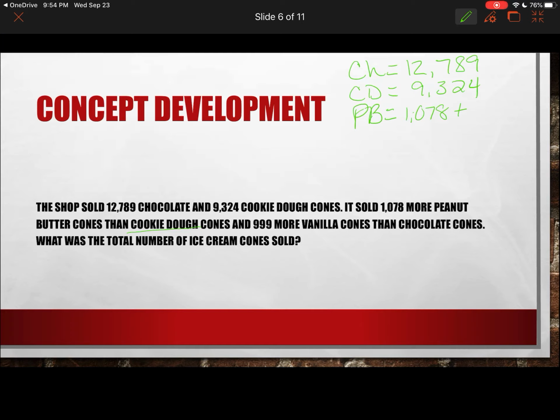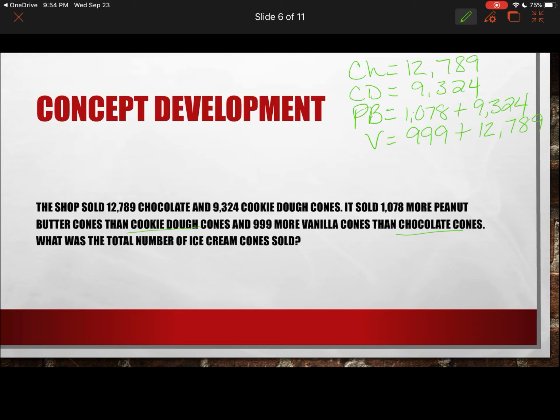So we're going to take our base number for cookie dough and add it to 1,078. So that's going to be 1,078 plus 9,324. And then we have vanilla, V, and it says 999 more vanilla cones plus, let's see, it has more vanilla cones than chocolate cones. So we're going to take our base number for chocolate and add it to that.